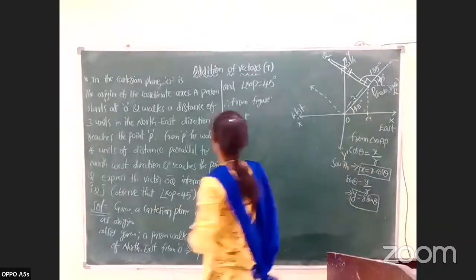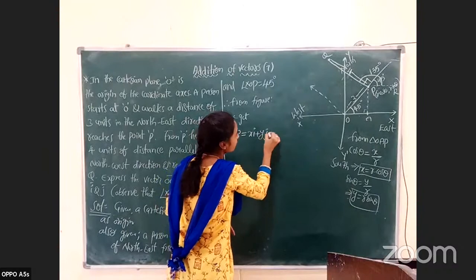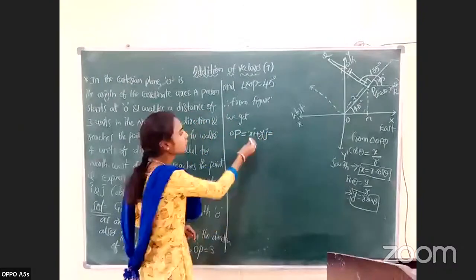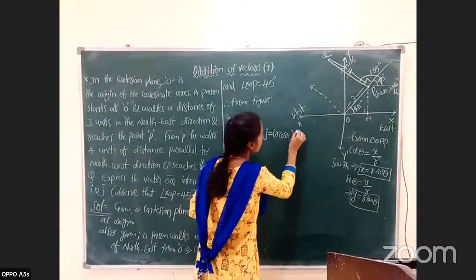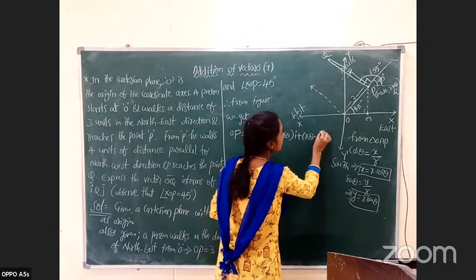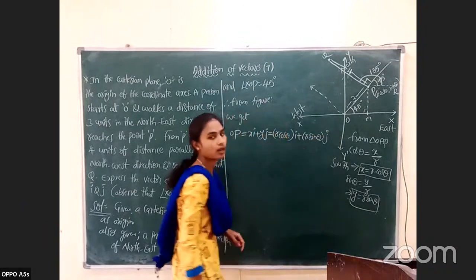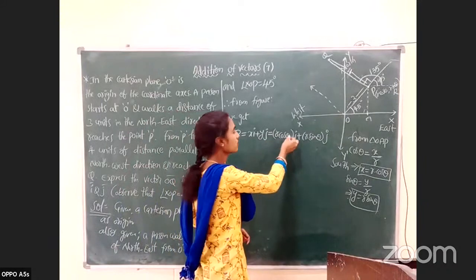Substitute those values. So OP is nothing but xi plus yj, which is equal to r cos theta i plus r sin theta j. Substitute the value of r and also the angle.